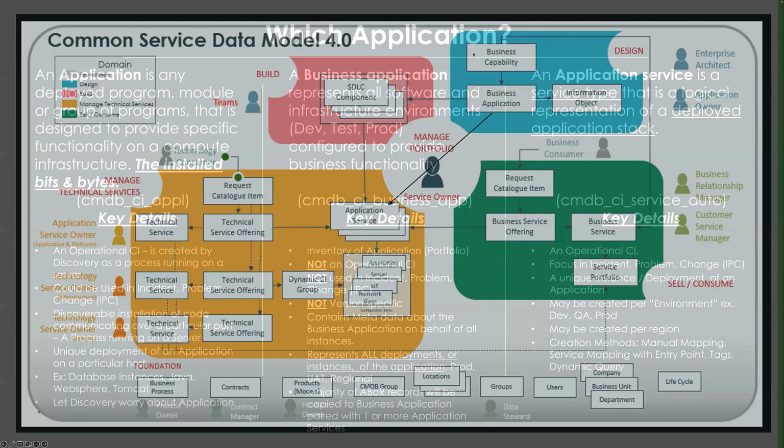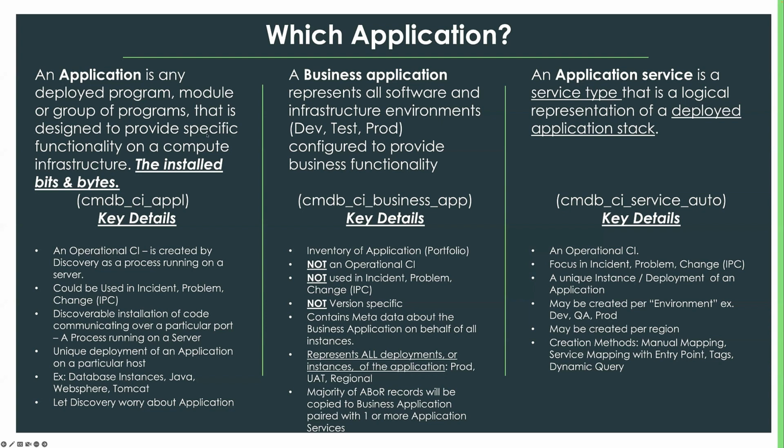Application. It's a horrible word. We got application, business application, service. Which application is which? What does it do? So in our model, in the CSDM model, application is discoverable. It's electronically detectable. It's an installation of software running on some sort of system.